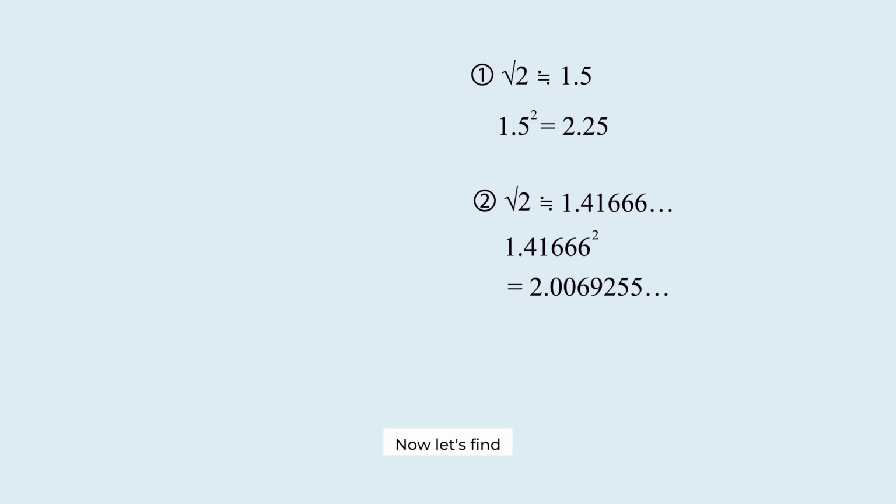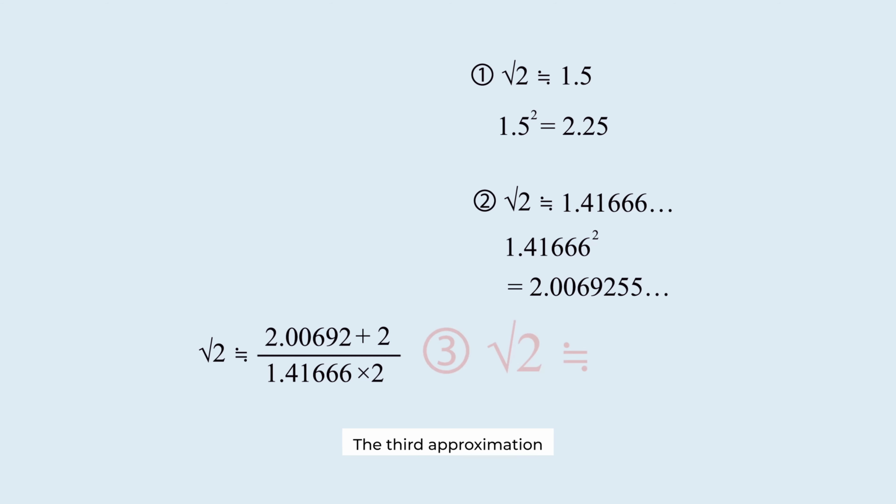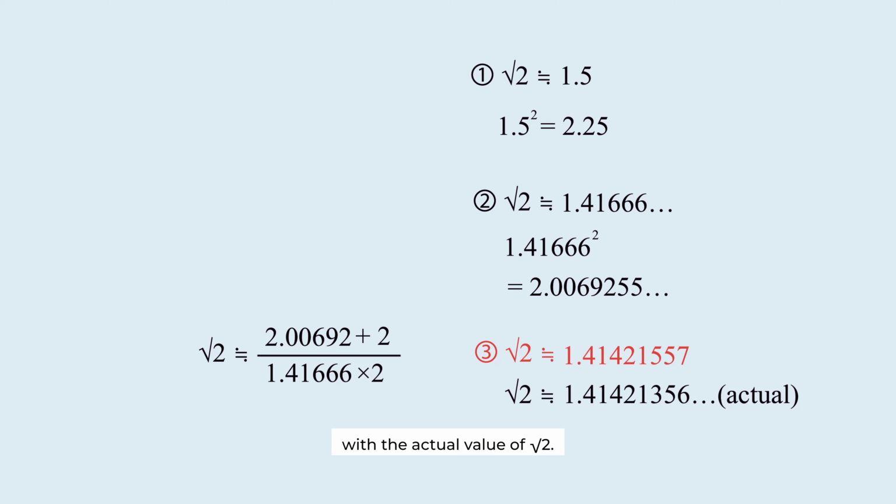Now, let's find the third approximation. The numerator is the square of the second approximation plus 2. The denominator is the second approximation times 2. The third approximation is 1.4142157. Compare this with the actual value of root 2. This is accurate to the 5th decimal place.